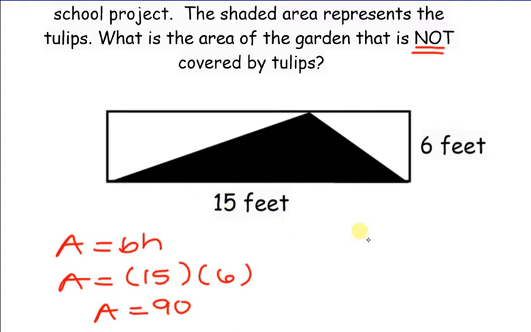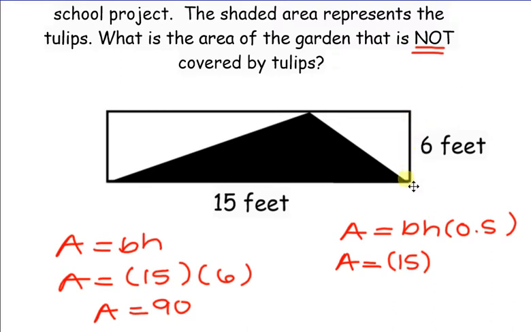The formula for a triangle is area equals base times height times 0.5. The base of this triangle is the entire length of the rectangle, so that's 15. The height of the triangle is the entire height of the rectangle, so that's 6, and then 0.5. So in this case, your area is going to equal 45.